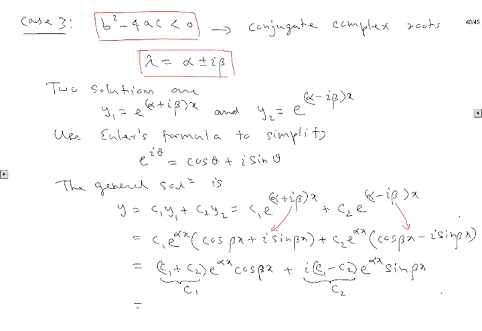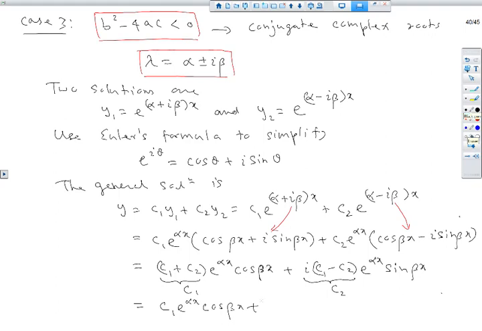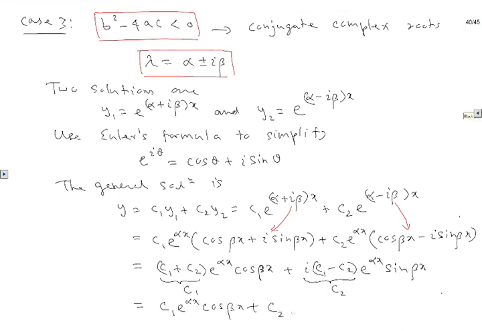So with that notation, we have the constant C1 e to the alpha x cosine beta x plus the constant C2 e to the alpha x sine beta x. So that's what happened in the complex case.